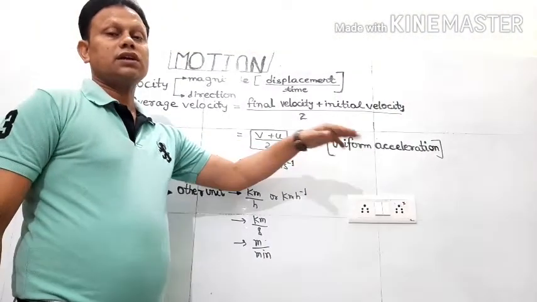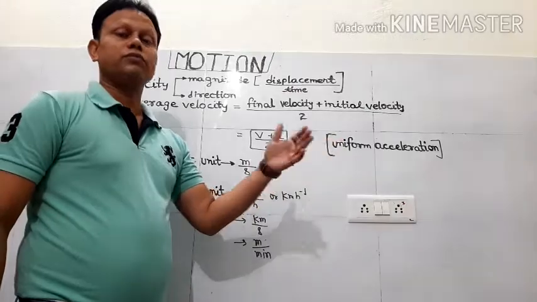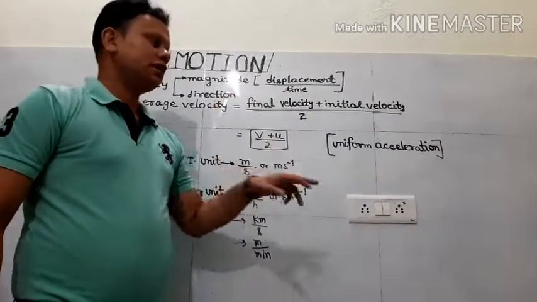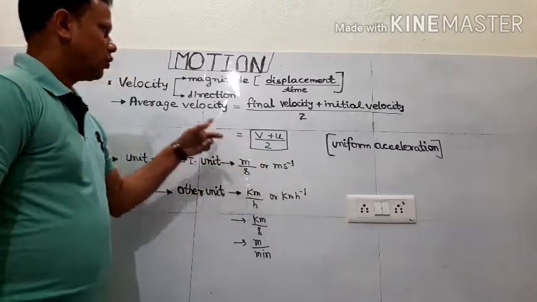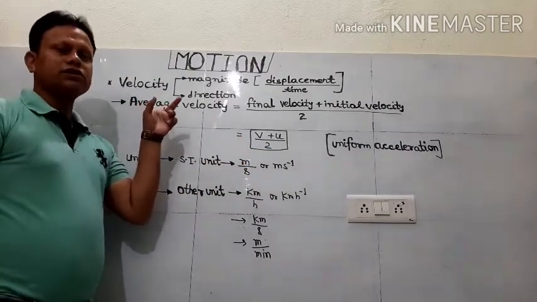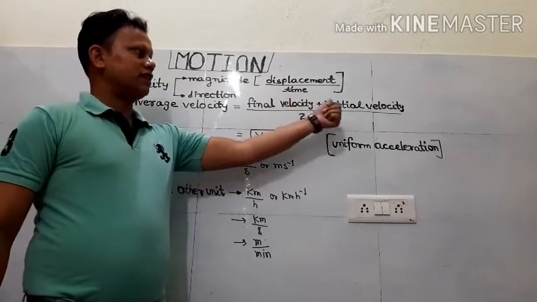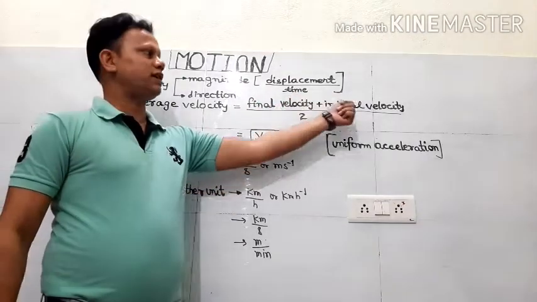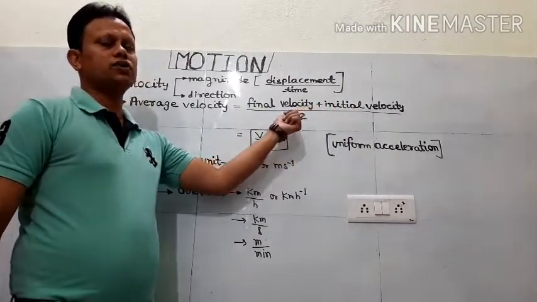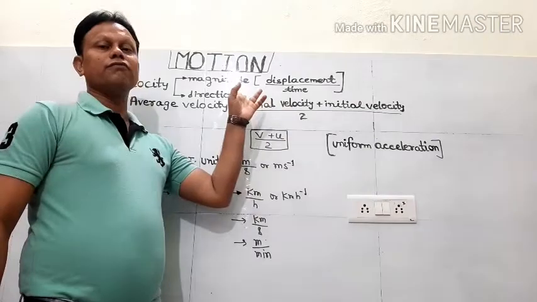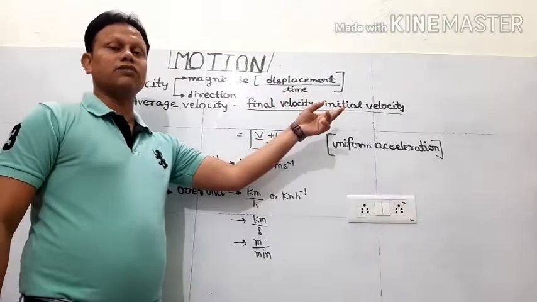That means it is accelerating with a fixed value, changing the magnitude of its velocity by a fixed value. For this situation we find the average velocity of the journey by this relation: final velocity plus initial velocity divided by 2. That means we are finding the average of the final velocity and initial velocity.